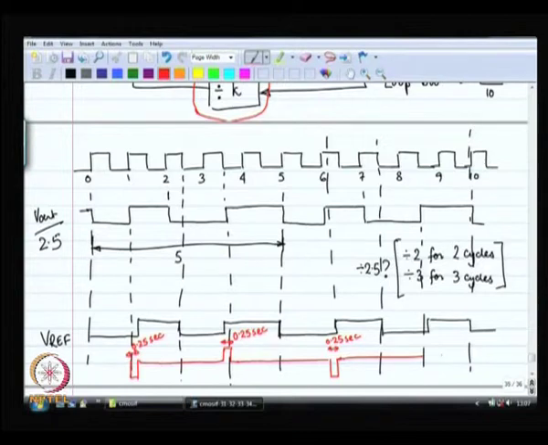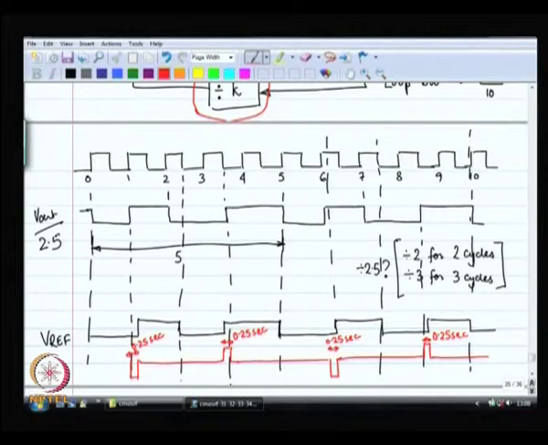I think there is an alignment problem here, this should have been an up pulse for another quarter of a second. This is going to be the output of my phase detector.